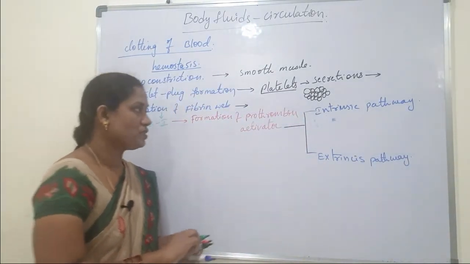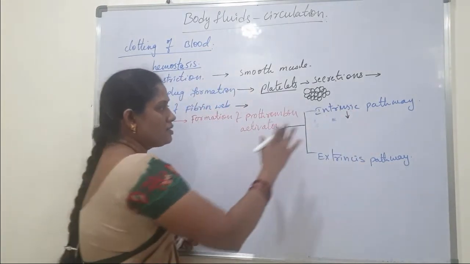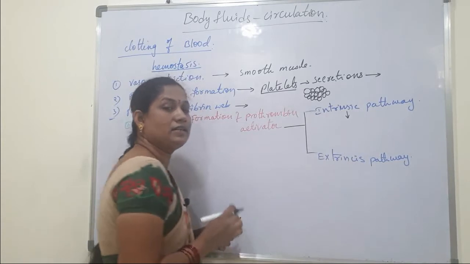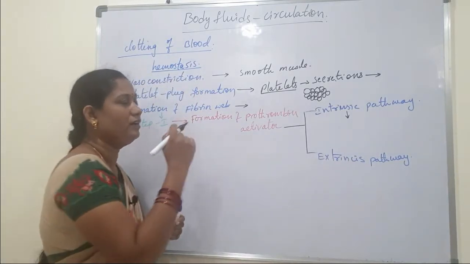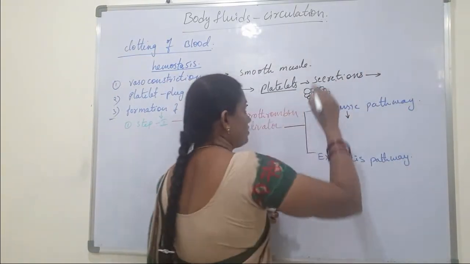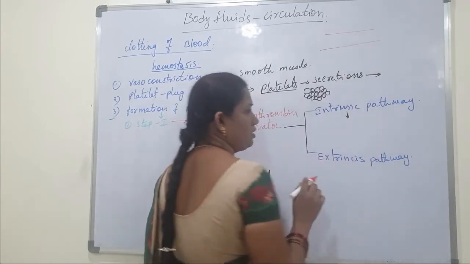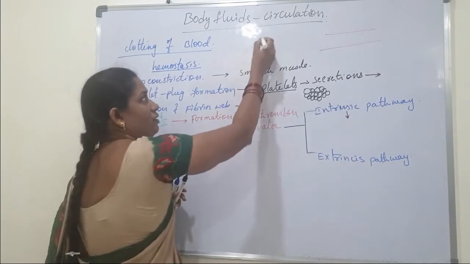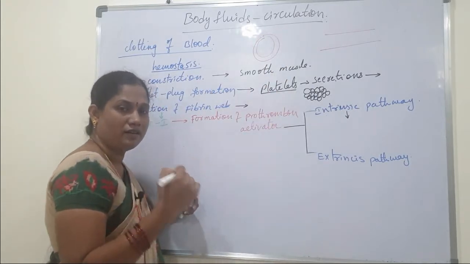By these two ways, the prothrombin activator is formed. First of all, what is the intrinsic pathway? For example, here this is the blood vessel. The blood vessel is made up of three layers: externa, media and interna.